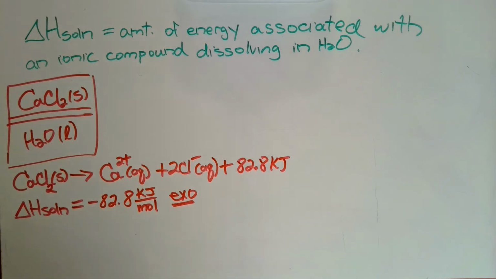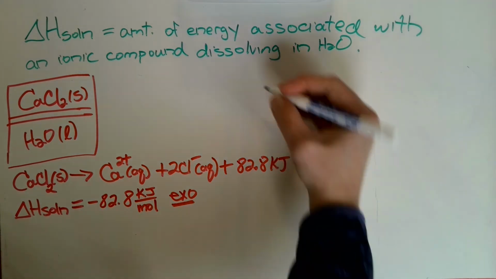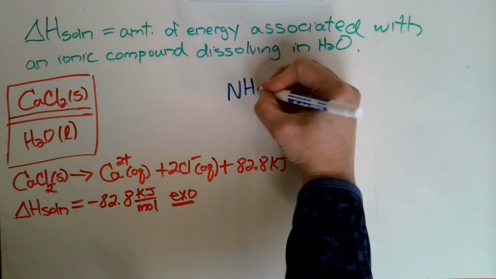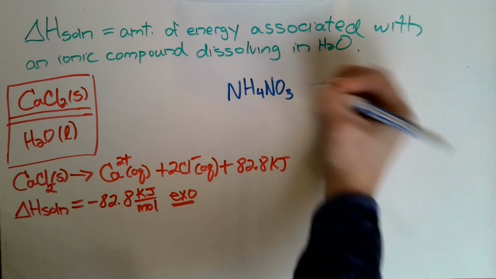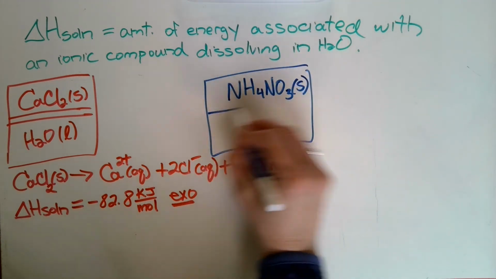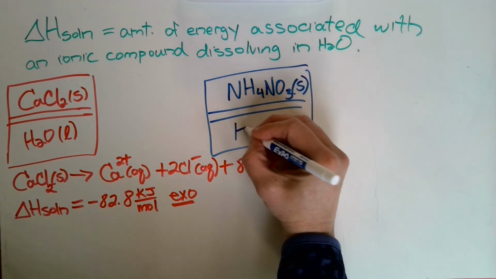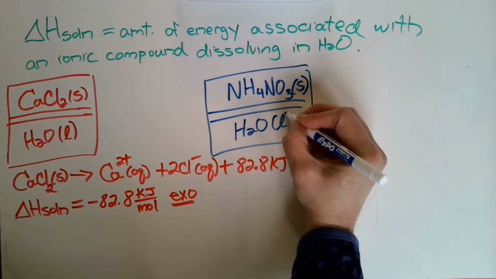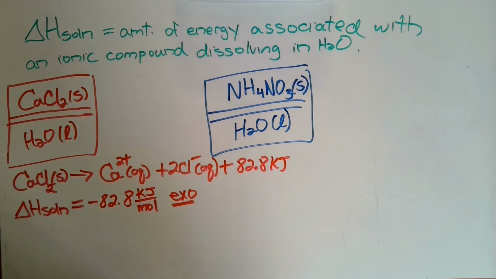A different example would be ammonium nitrate. If I have ammonium nitrate as a solid, and I have it in a cold pack, you break the membrane and then it turns into a cold pack.